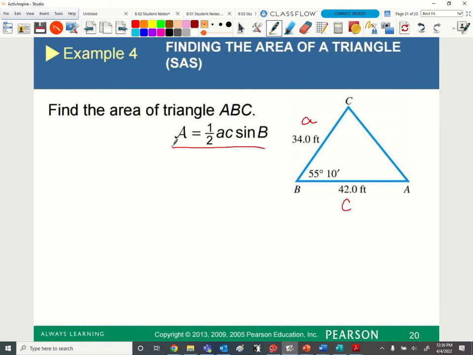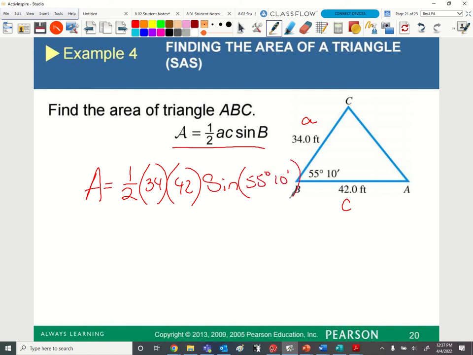So now from here, I'm going to start with this. My area is equal to 1/2 little a, which is 34, little c, 42, times sine 55 degrees, 10 minutes. Calculate. Yes, that's where I'm getting to.